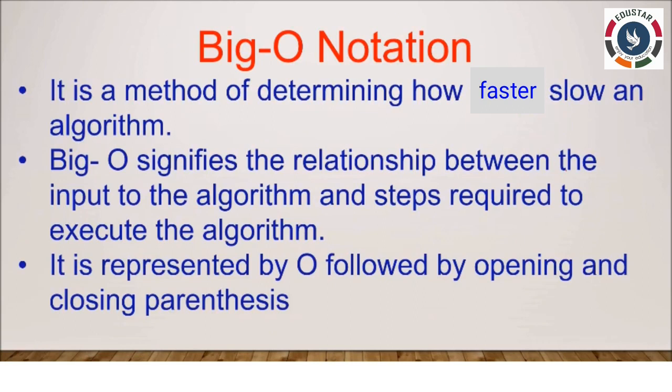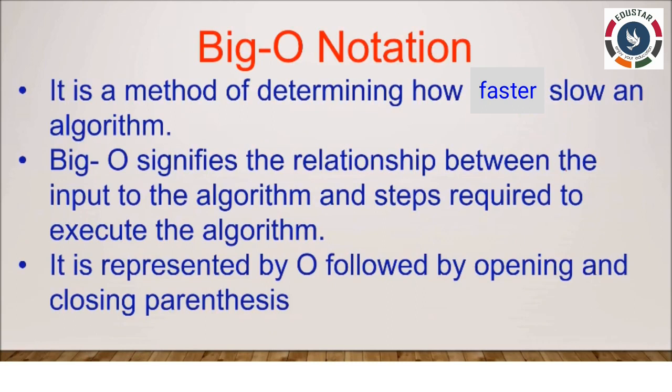It's a mathematical notation that describes the limiting behavior of a function when the argument tends towards a particular value or infinity. In computer science, Big O notation is used to classify algorithms according to how their running time or space requirements grow as the input size grows.